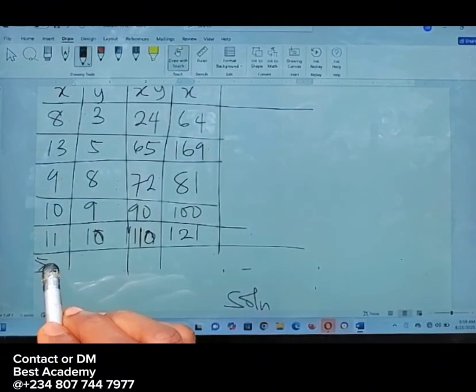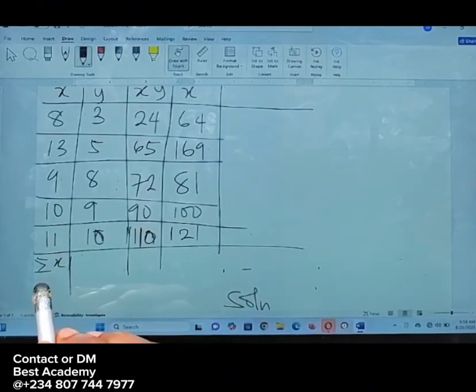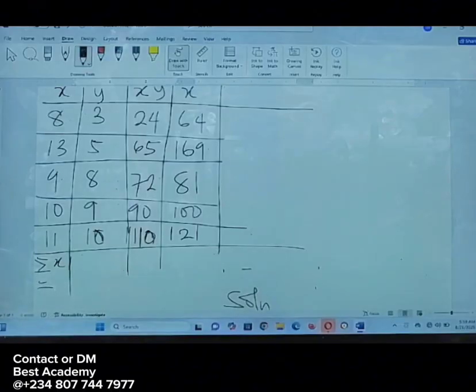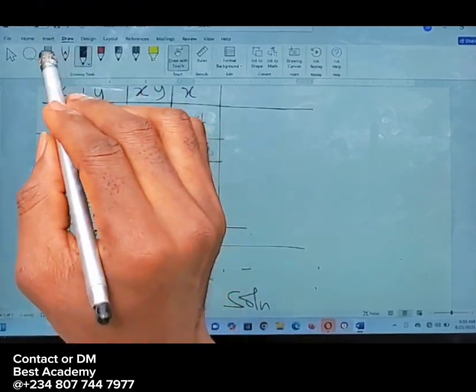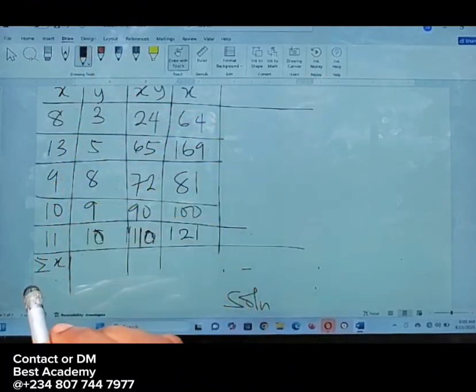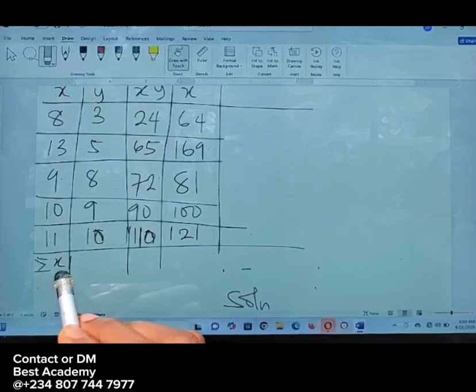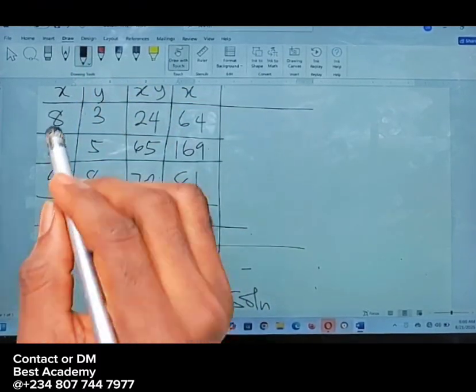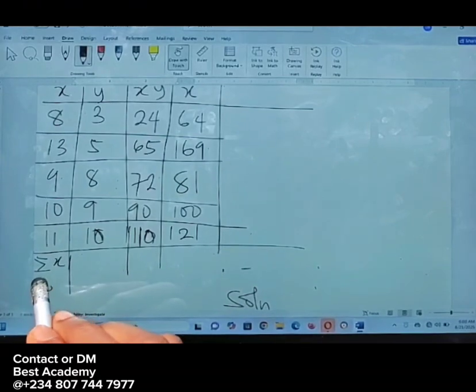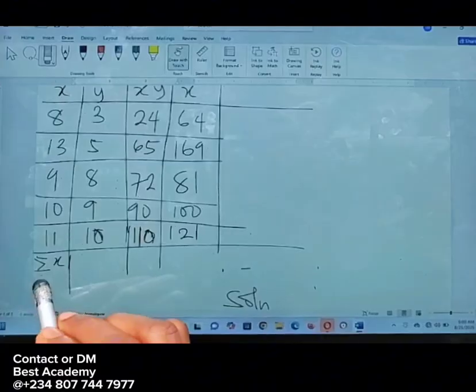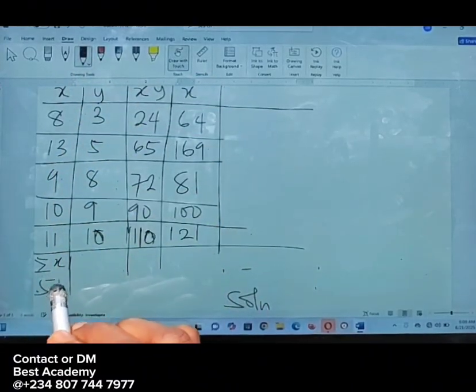So the sum of s is 8 plus 13 plus 9 plus 10 plus 11. I have this to be 51.